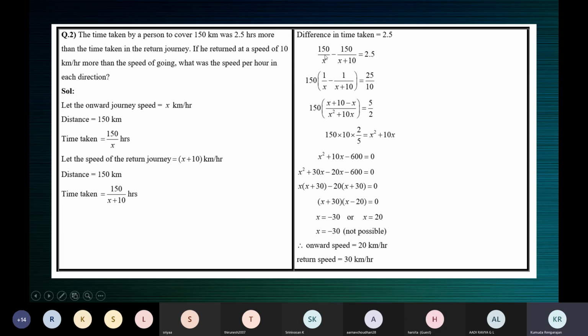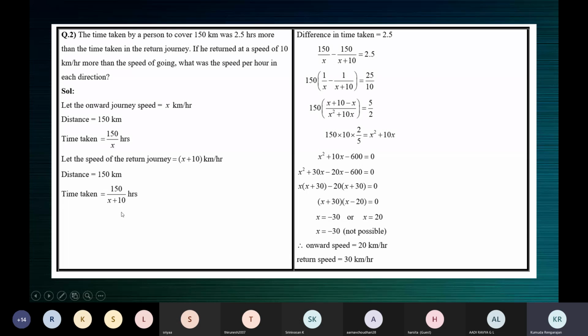Wherever the time taken is more, the speed is less. Where speed is less, time taken is more. So you must write that time taken first. Now look at the denominators, x and x plus 10. Clearly x is less than x plus 10.